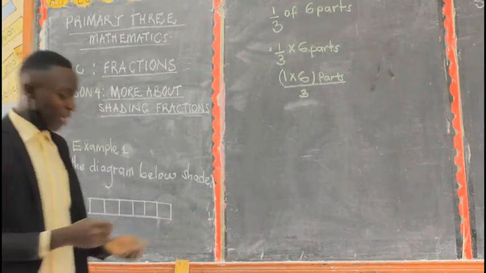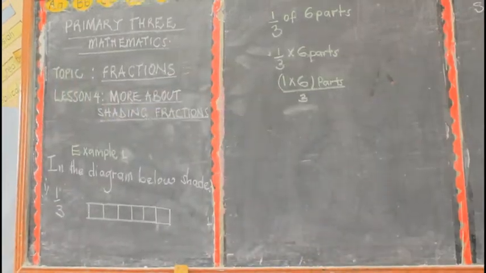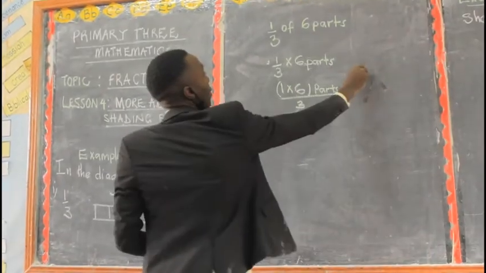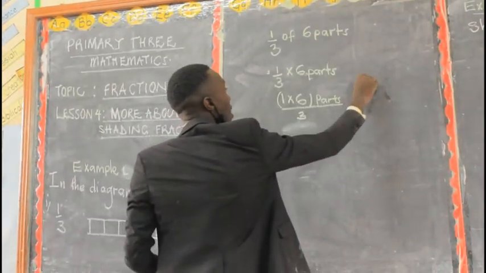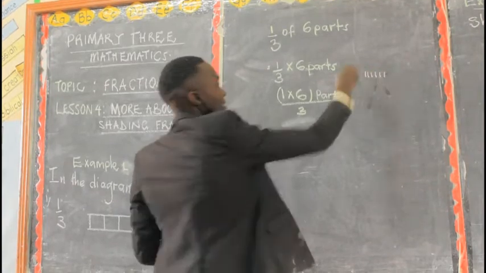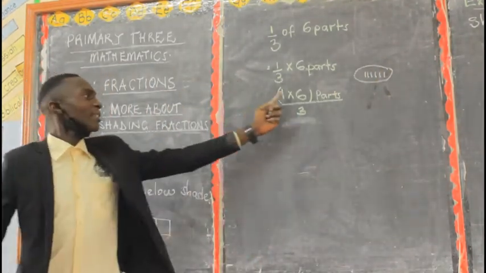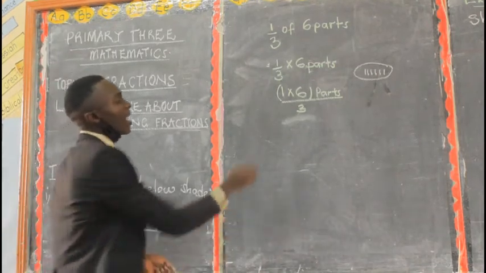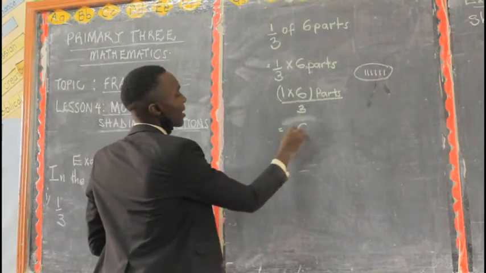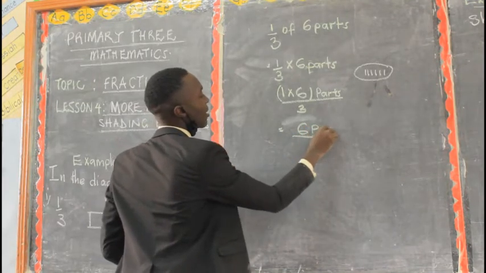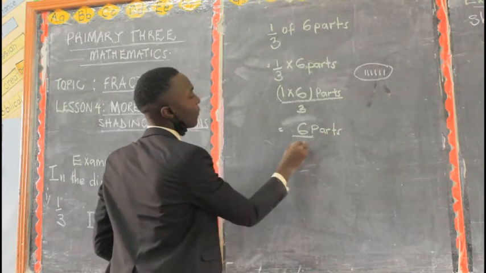You remember when we are multiplying 1 times 6, it is only one group of 6. So 1 times 6 is 1, 2, 3, 4, 5, 6. The answer gives us 6 parts out of the 3.